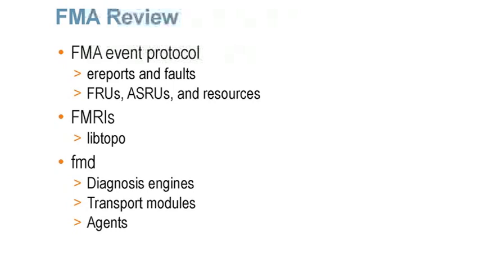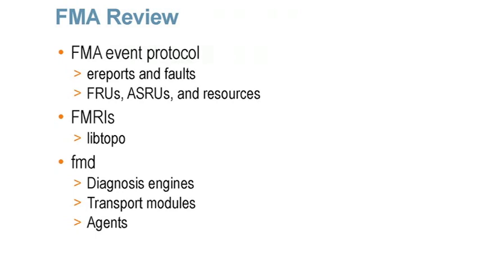So for example, for a disk, the corollary is a device or ZFS VDEV. In memory, you have pages that are backed by a DIMM. And then the resource is the individual thing you're diagnosing. So if you look at a memory error, the resource might be a chip select line or a rank of the DIMM. The FRU would be the DIMM itself, and the ASRU would be the pages of memory associated with that.